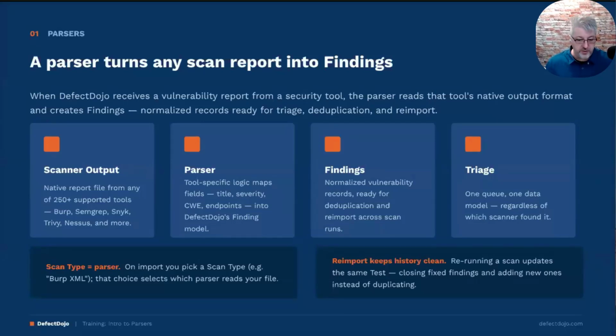The parser then takes that file, breaks it into its pieces, maps it into the data model of DefectDojo's finding, does some other things around CVEs and other vulnerability identifiers, and then creates findings. Once they're there, they get queued up. DefectDojo can do the dedup.